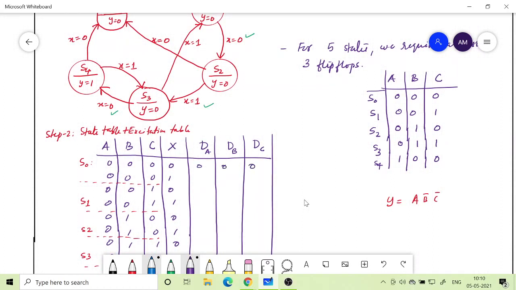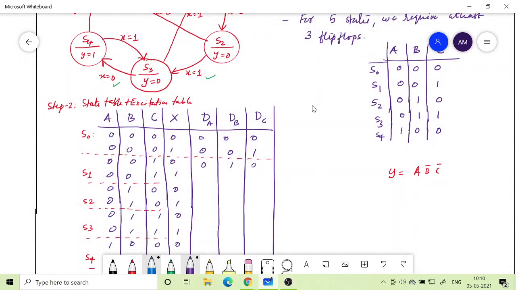If x equal to 1, I go to the next state, which is S1. The corresponding thing is 0 0 1.